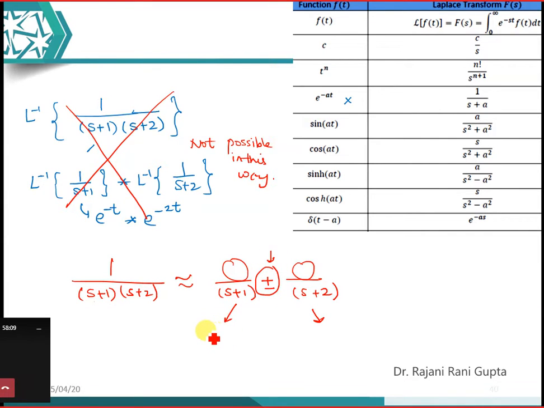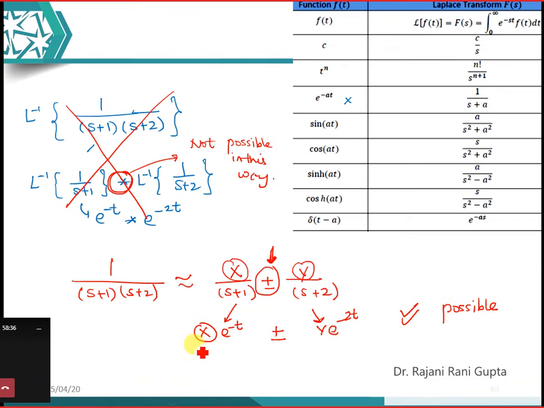Say this number is capital X, this number is capital Y. So x times e power minus t, y times e power minus 2t, and in between the sign plus or minus. This is possible whenever we have plus or minus. But whenever we have multiplication, it is not possible.